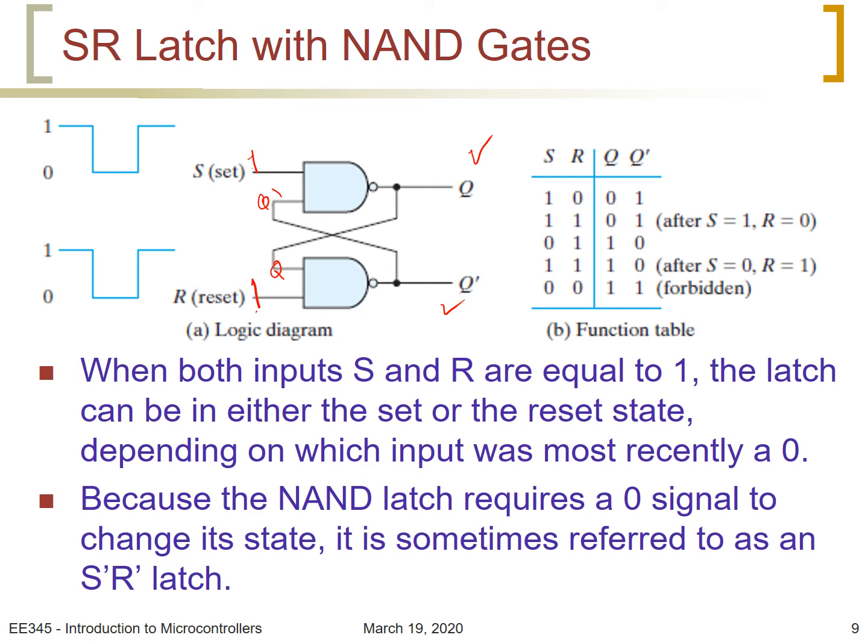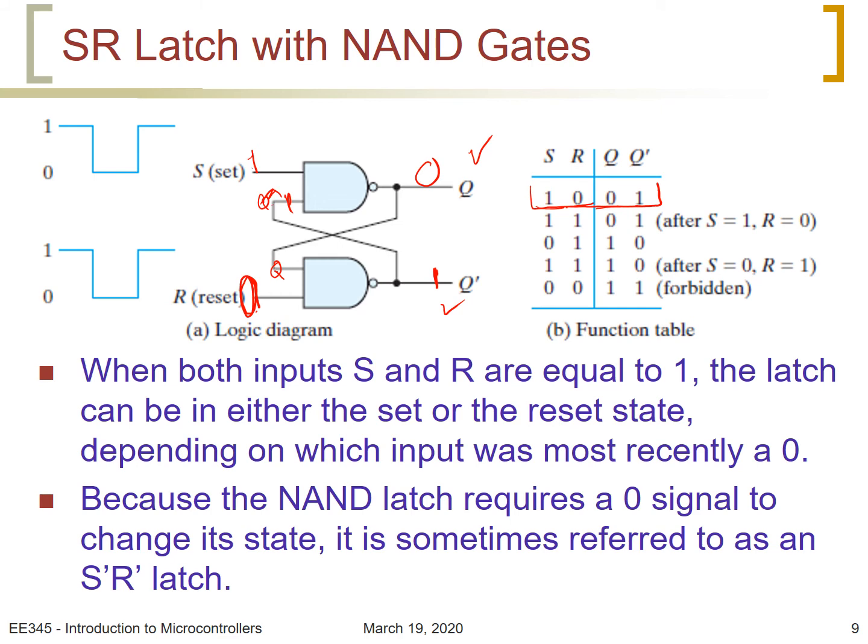Now, to make the latch in the reset state, we make R equal to 0. If R is equal to 0, this will be 1. And if this is 1 and 1 inverted 0, this will be 0. And this is the first row in the function table, which is R is equal to 0, S is 1, Q 0, and the Q prime is 1.